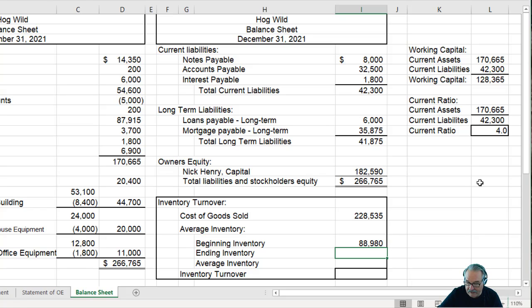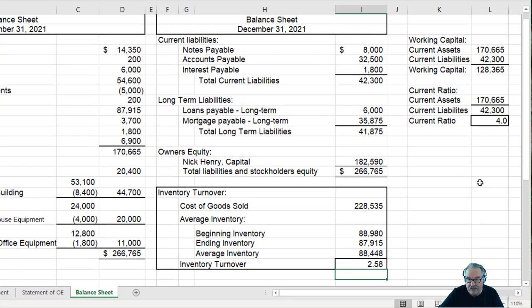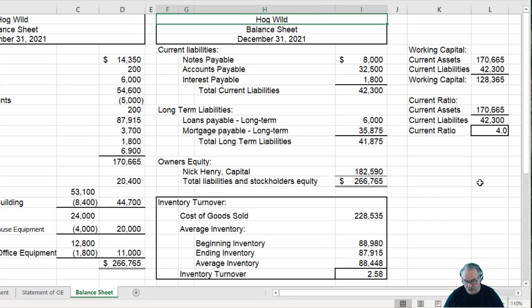Our ending inventory is $87,915. So if we add these together and divide by 2, we get an average inventory of 88,448. And if we divide cost of goods sold by average inventory, we get an inventory turnover of 2.58.